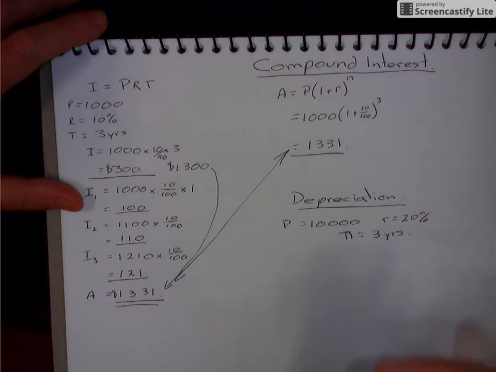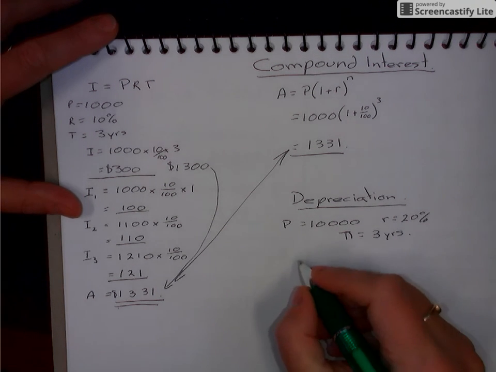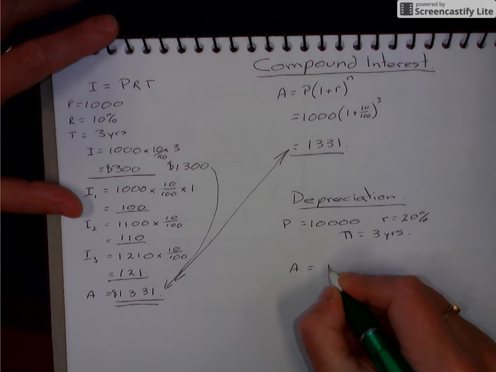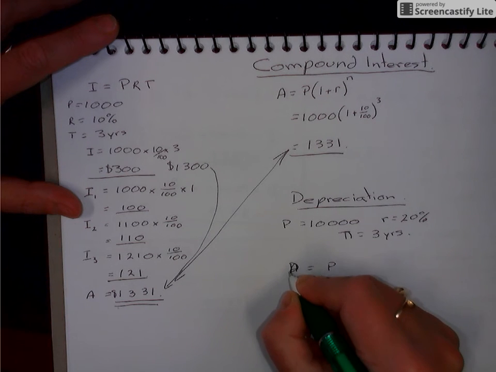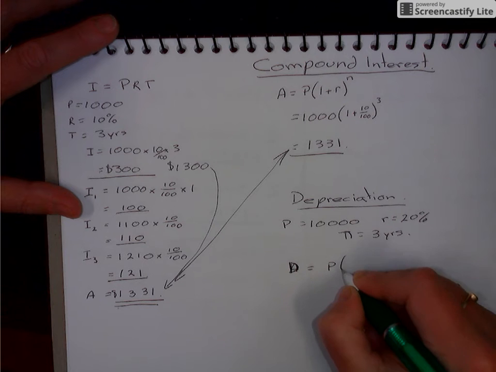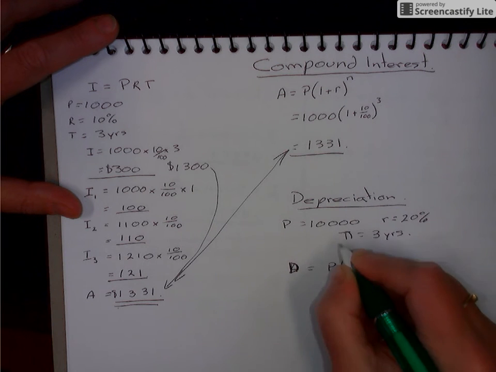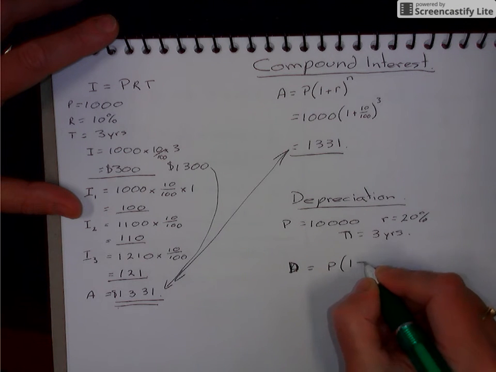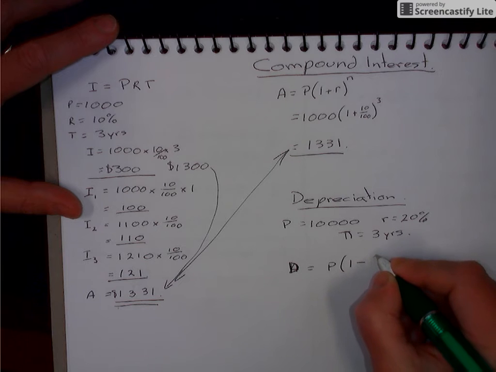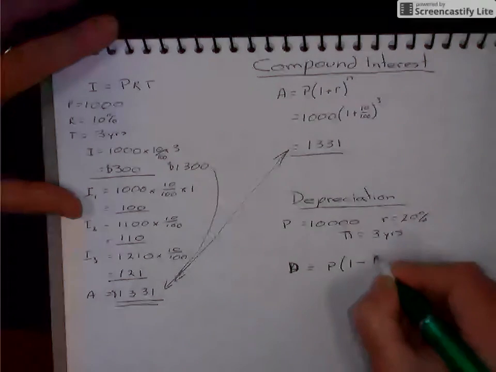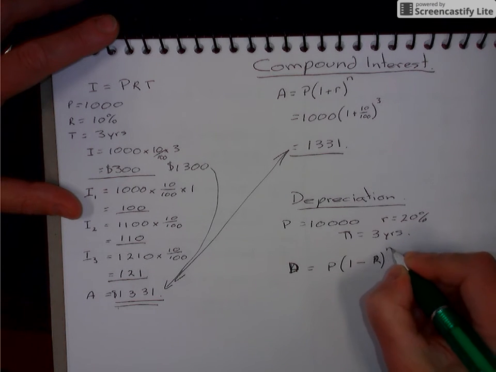So to calculate how much money that is worth, we use the formula A equals the principal. Actually, sorry, it's D because it's depreciation, equals the principal times 1, which is our original principal amount, minus our interest rate, so 20%, so our rate and the number of times.